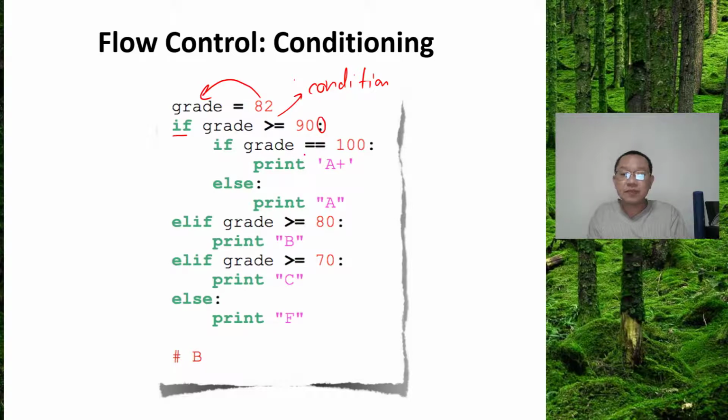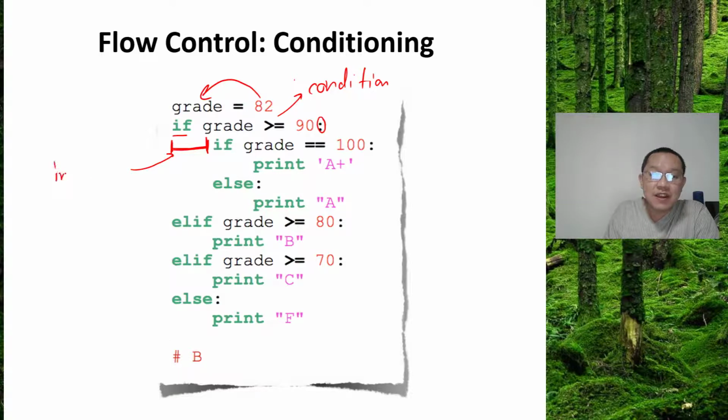You can see that if there is only one condition, that's fine. What happens on the next line? There is a space here. This is called indentation.